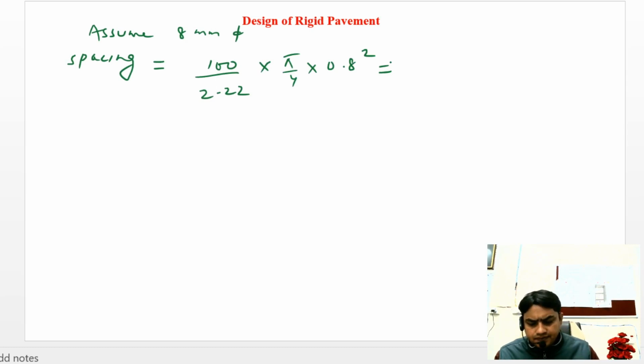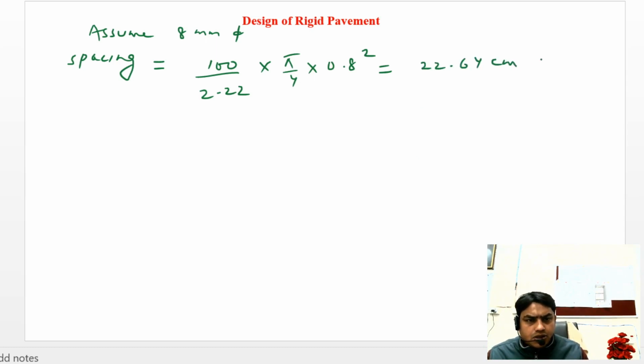So this value is 100 divided by 2.22 into 4 into pi into 0.8 square. So this value is coming 22.64 centimeter.